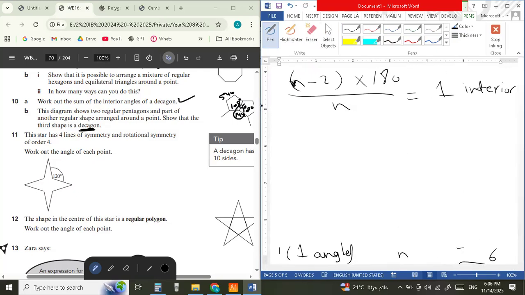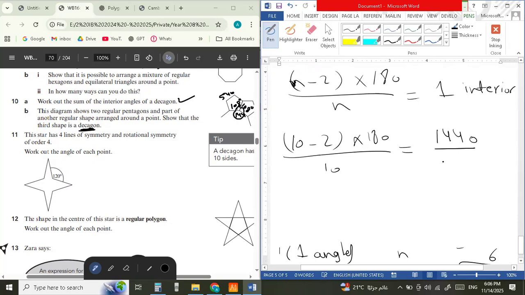They want you to prove that it's a decagon, so n is 10. 10 minus 2 times 180 over 10: 10 minus 2 is 8, 8 times 180 gives 1,440, divided by 10 gives one interior angle of 144 degrees.